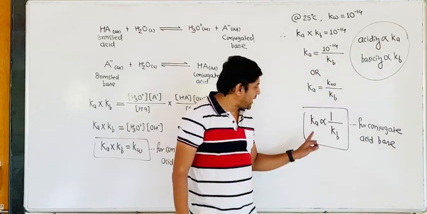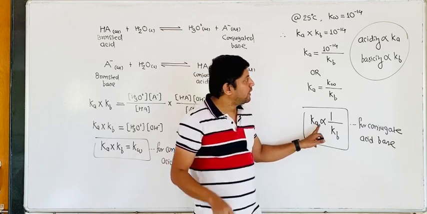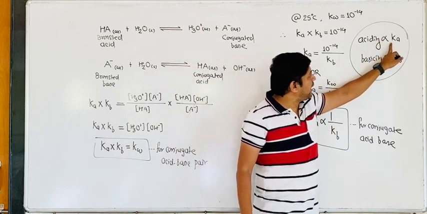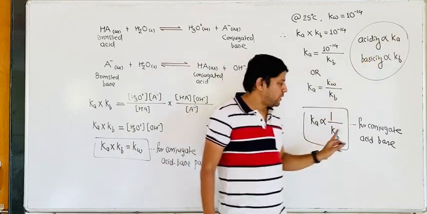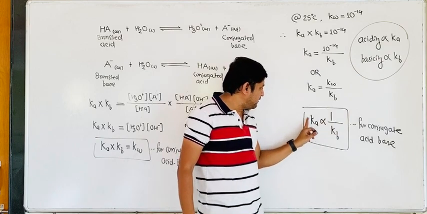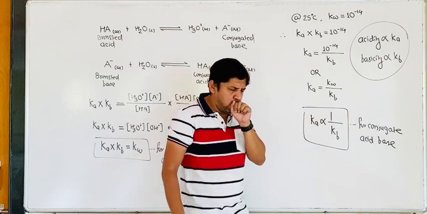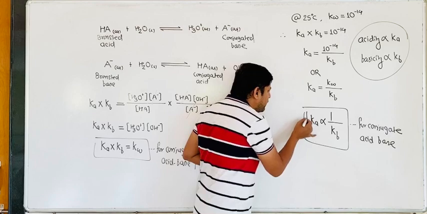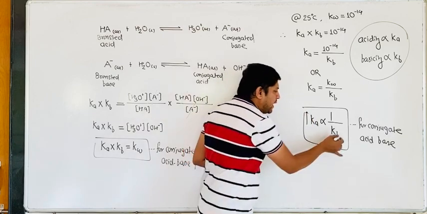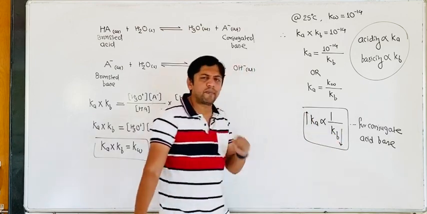So when parent acid is stronger means value of Ka is more. When parent acid is stronger, Ka value is more and Kb value is less.